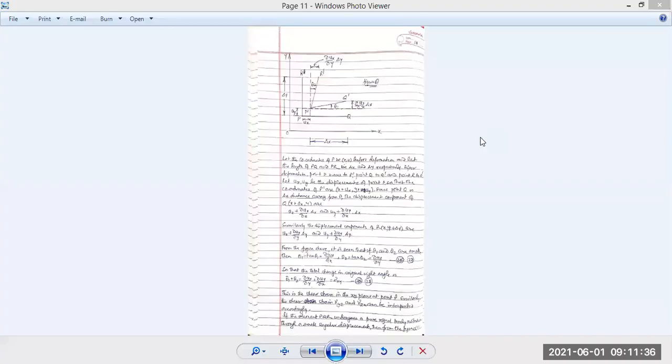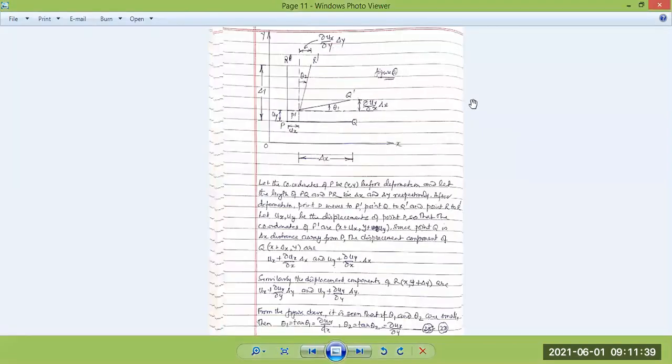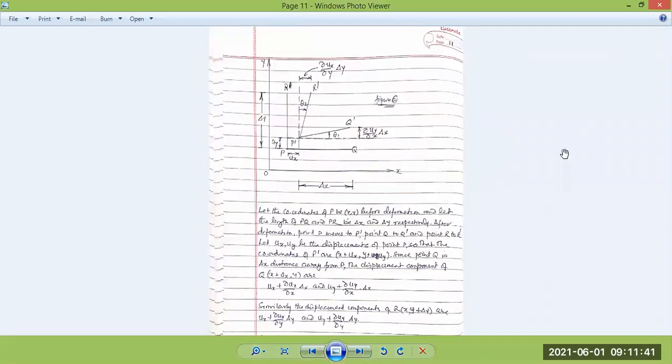Let us discuss this situation once again. What we have here are the coordinates of P in the rectangular coordinate axes along x and along y, and we are not taking the z axis into consideration at this moment.